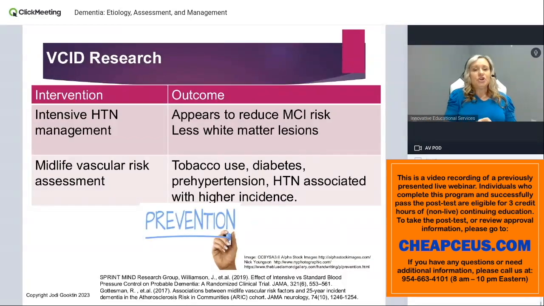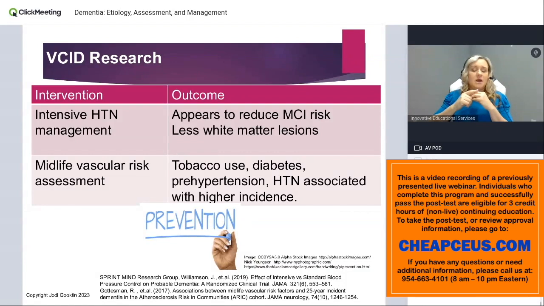And what they're seeing in terms of ideal blood pressure management to reduce the risk of this type of vascular cognitive compromise, in the research, is that better midlife management of blood pressure leads to less risk of this type of dementia later in life.